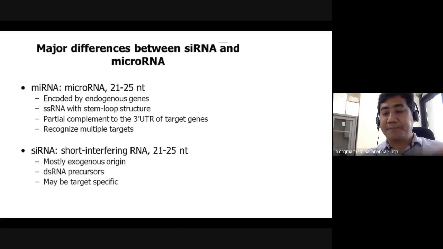target site. Okay, so there are a few differences between siRNA and microRNA: the origin, what kind of genes they are associated with, and the kind of RNA molecule. Generally, microRNA comes out of a single transcript. siRNA many times is double-stranded, meaning two strands complement each other, and it's processed to give rise to siRNA.